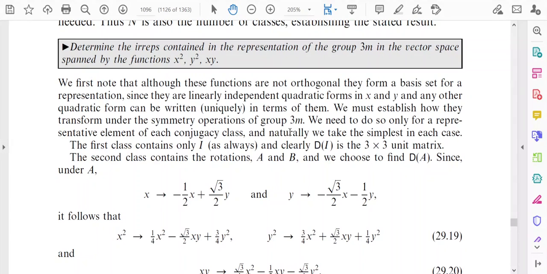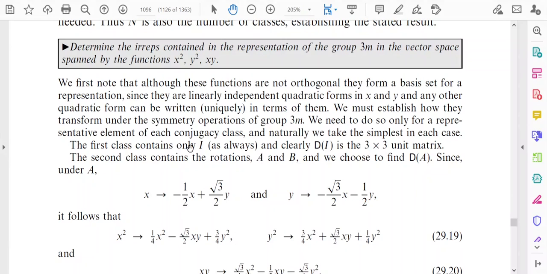So let us investigate how these basis functions transform under the operations of group 3m. We need to do so only for a representative element of each conjugacy class. We know that for the group 3m there are three classes, and we can take only one element from each class.